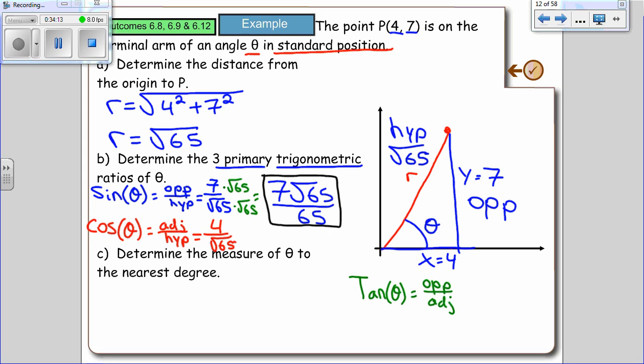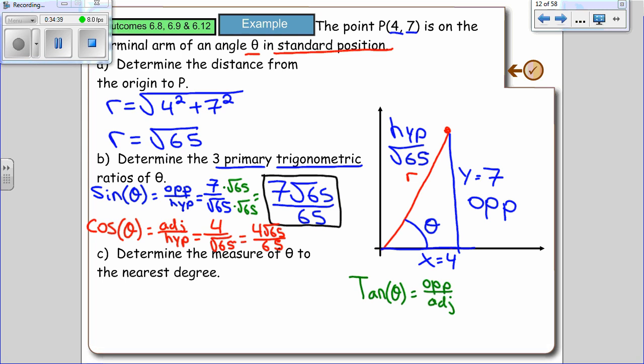Got rid of the root. That's small writing, so feel free to ask what numbers those are. It was 4 over root 65. I rationalized it. It became 4 root 65 over 65.